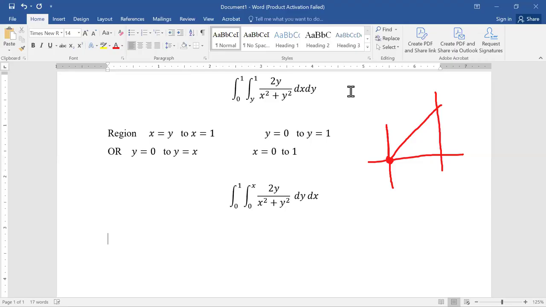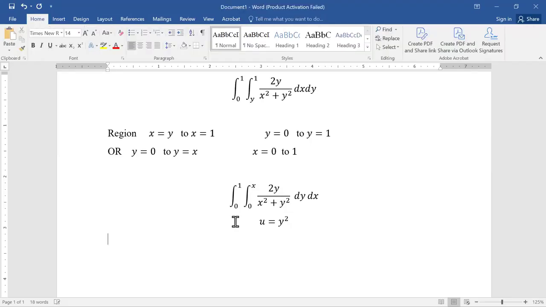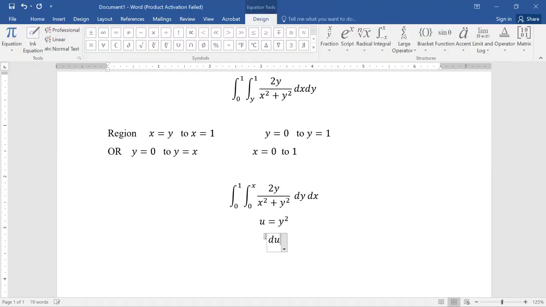I'm going to erase this picture. If I want to integrate with respect to y, I'll do a u substitution. U equals y squared, and then du is equal to 2y times dy. Wouldn't you know, I have a 2y dy.